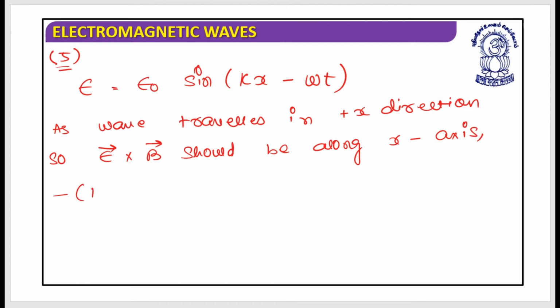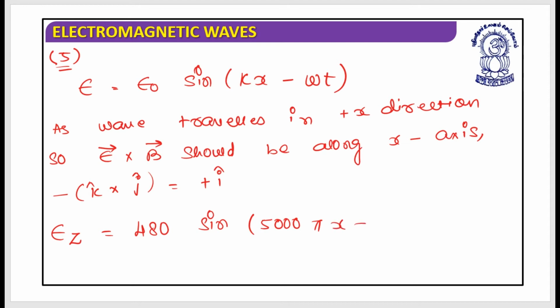So it's minus k cross j, that is equal to plus i. So what I can write is Ez equals 480 sine, this is 5000 pi into x minus 3 into 10 to the power 11 pi t volt per meter.